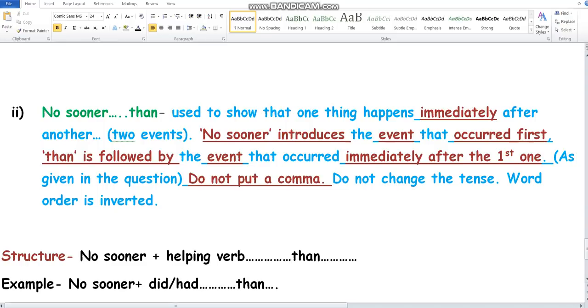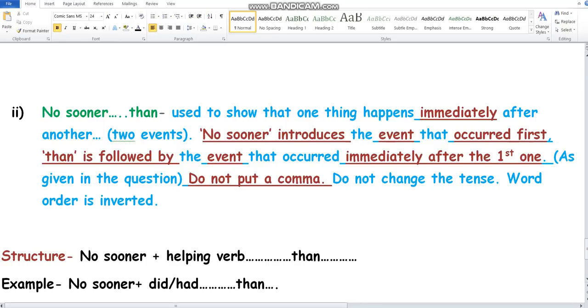The sentence tells us about two events that happened one after the other, and after no sooner we write the first event, the event that occurred first, and then it is followed by the event that occurred immediately after the first one, as given in the question. Then do not put a comma when you write a sentence with no sooner than. Do not change the tense, and the word order is inverted, just like in not only but also.